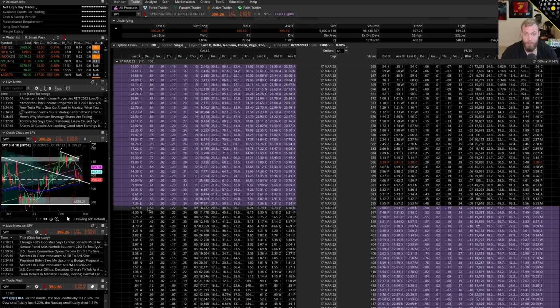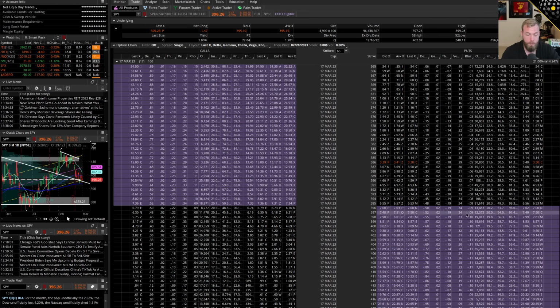If SPY goes down by $1, this is going to lose 50 cents. The other thing you'll notice is that all in the money options have deltas of 50 or more. The further out of the money you go, the lower your delta goes. The further in the money you go, the higher your delta goes. And that's for calls and puts.